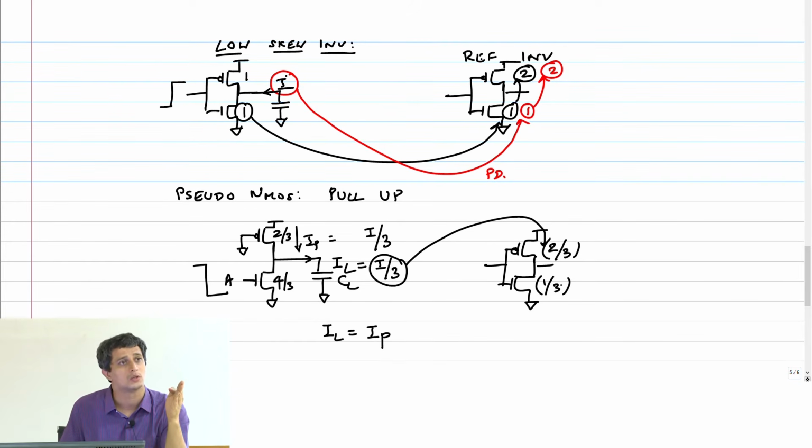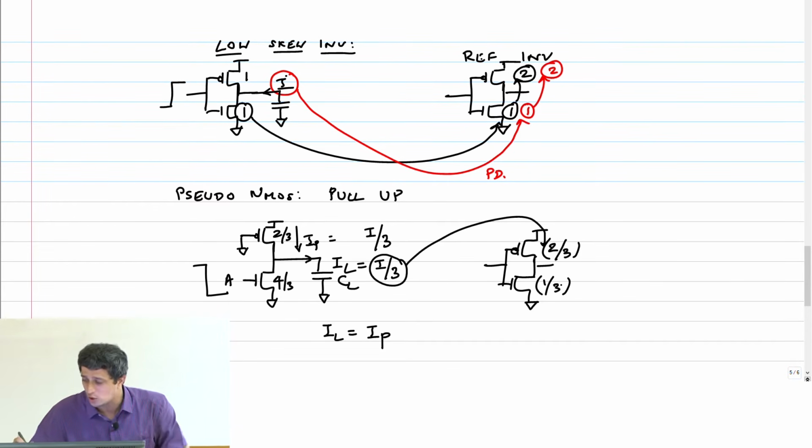No. For a PMOS, if a PMOS transistor has a size alpha, then the current is alpha I by 2, where I is the current of an NMOS transistor, you're right. I is always this, don't forget that.